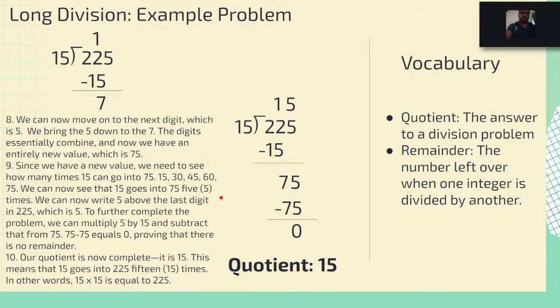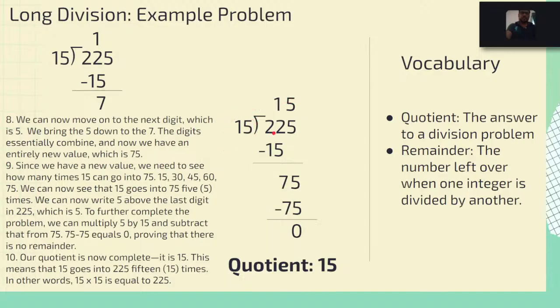It is 15. This means that 15 goes into 225 15 times. The quotient here, when multiplied by the divisor, will always get you the dividend. Same thing, the dividend divided by the quotient will always get you the divisor.